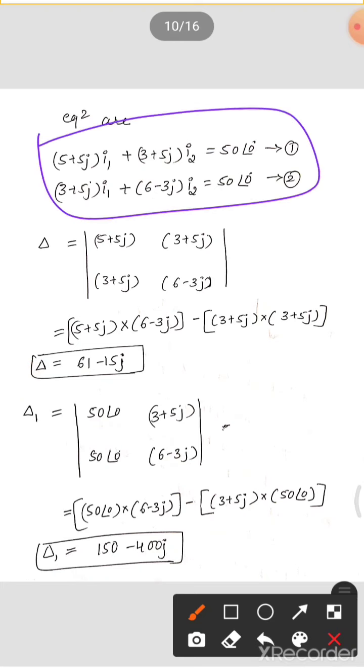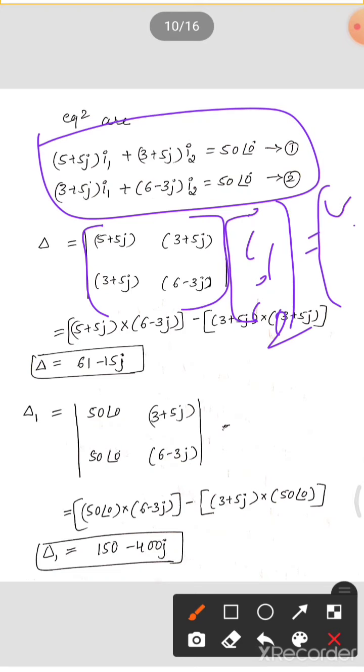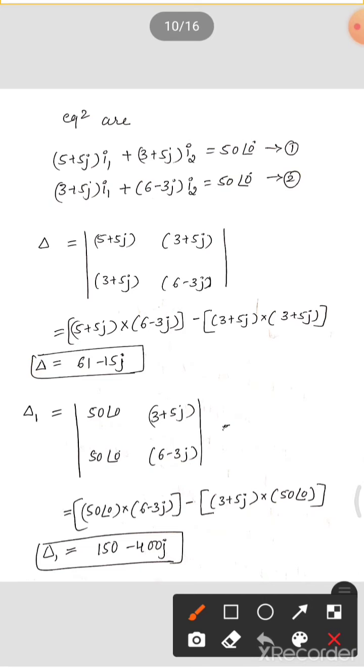If you'd like to write this in matrix form, then it will be like this only: the coefficients of currents I1 and I2 equal to your voltages V1 and V2. So in that equation we have to take the determinant of the current coefficients.